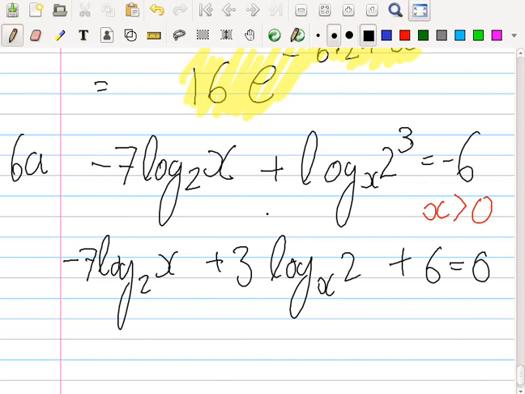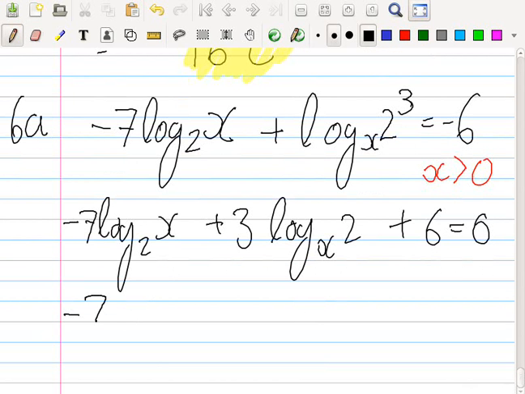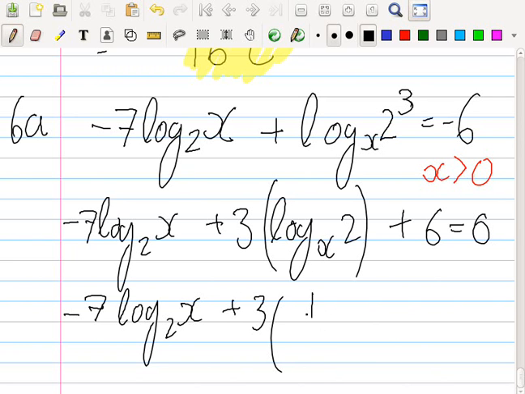How can I fix this problem with the base here? Yeah, switch it. But doesn't that mean you have to make it a fraction? Yeah, it'll become a fraction.